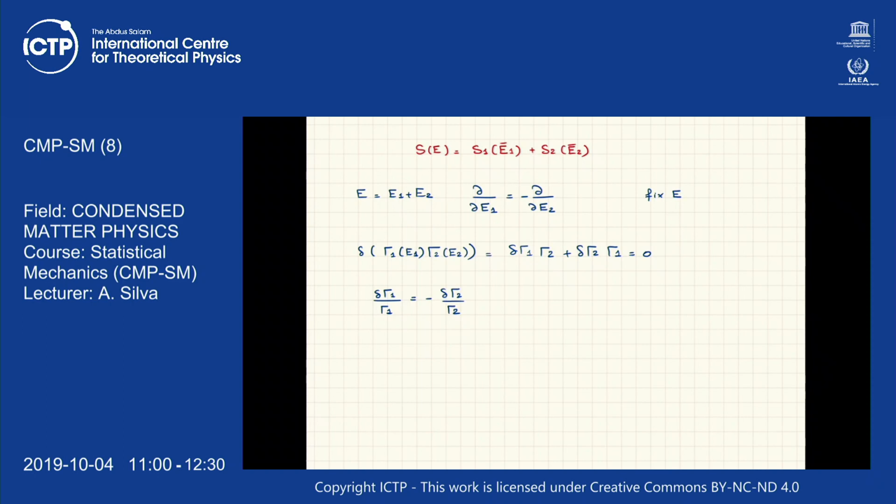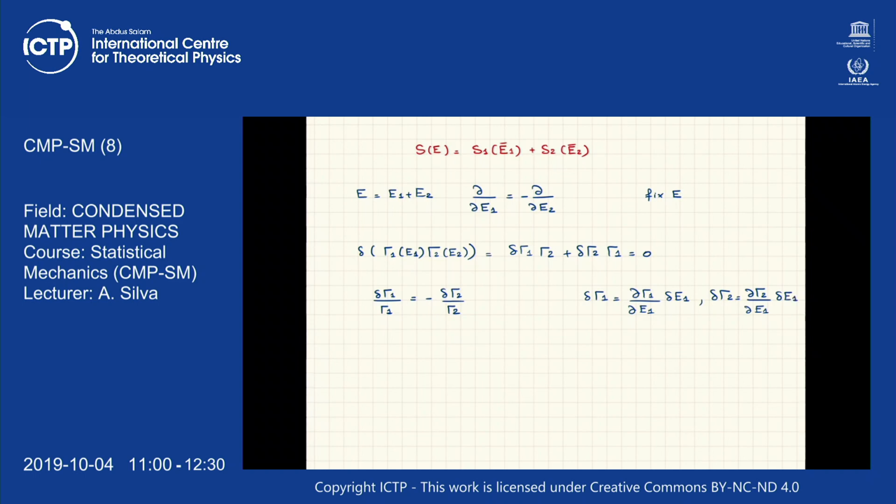Now, delta gamma 1 can be written as d gamma 1 over dE1 times delta E1. And the same thing for delta gamma 2. Delta gamma 2 can be written as d gamma 2 over dE1 times delta E1.